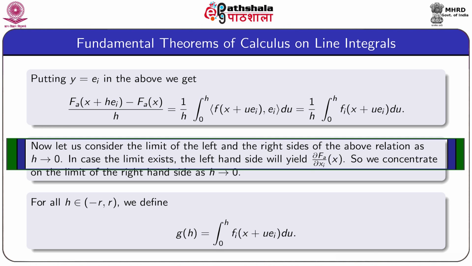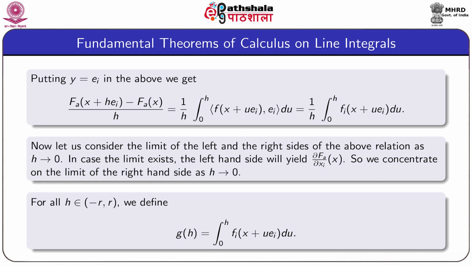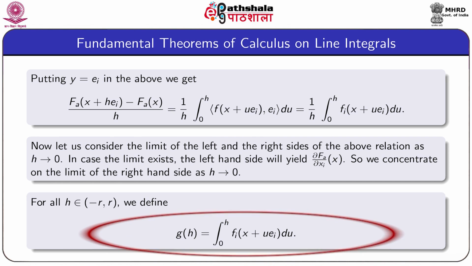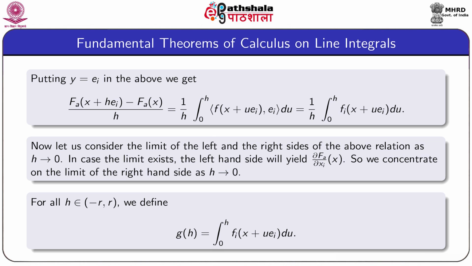Now let us consider the limit of the left hand side and the right hand side of the above relation as h tends to 0. In case the limit exists, we can easily find the left hand side will yield the partial derivative of f_a with respect to x_i at the point x. So we concentrate on the limit of the right hand side as h tends to 0. For every h lying in the open interval (-r, r), we define g(h) equal to the integral from 0 to h of f_i(x + ue_i) du.